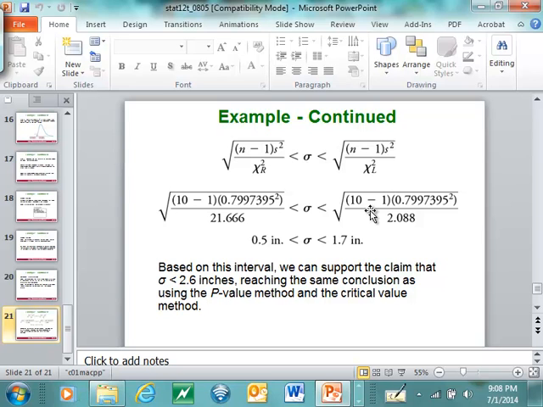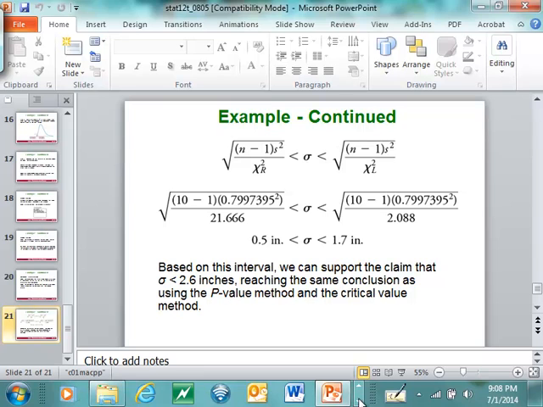And it turns out that this confidence interval is between 0.5 and 1.7. And notice that our hypothesized value for sigma was 2.6 inches. That's outside of this confidence interval. And when your hypothesized value for your parameter lies outside the confidence interval, then you would reject the null hypothesis.